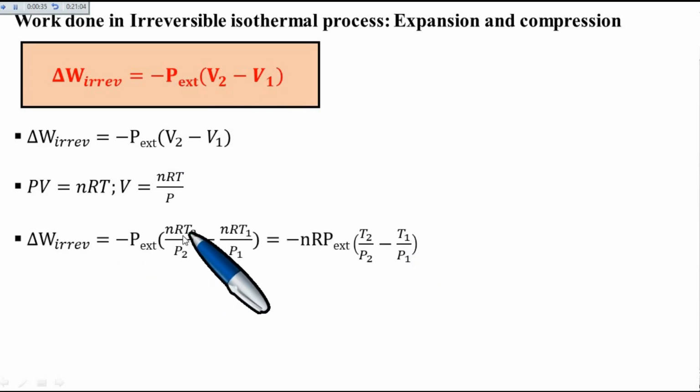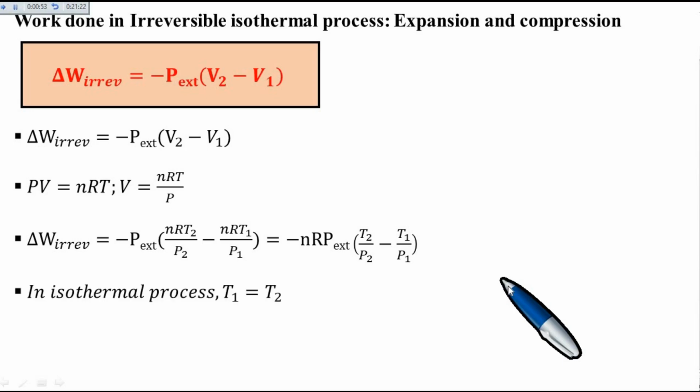So the work is equal to negative P external times nRT2 over P2 minus nRT1 over P1. You can put nR aside. Then you get negative nR P external times T2 over P2 minus T1 over P1. Again, in the isothermal process, T1 is equal to T2 because we have isothermal expansion or compression. In this case, the final temperature is equal to the initial temperature because the temperature stays constant.